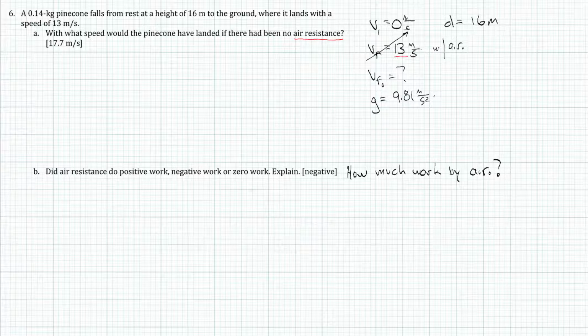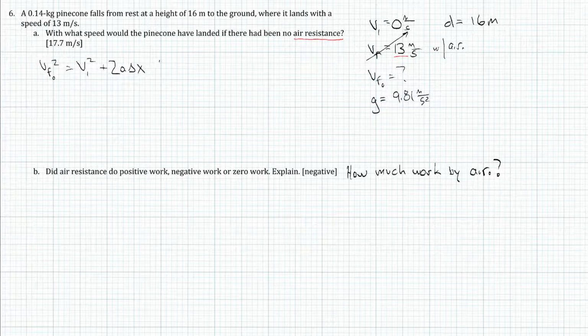I think we have a kinematics equation for that: V final without air resistance squared equals V initial squared plus 2 times our acceleration times our displacement, delta y, delta x, whatever you want to call it.